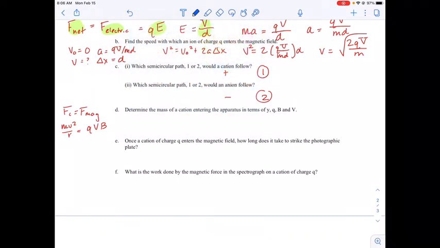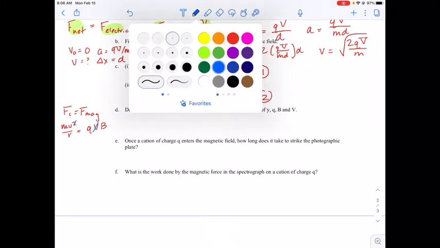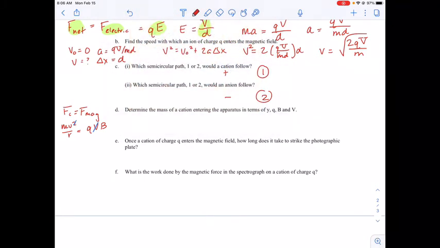So if I simplify this equation, I cancel out one v from both sides. I can say that mass is equal to qBr over v. So now what I'm going to do is substitute what I know.